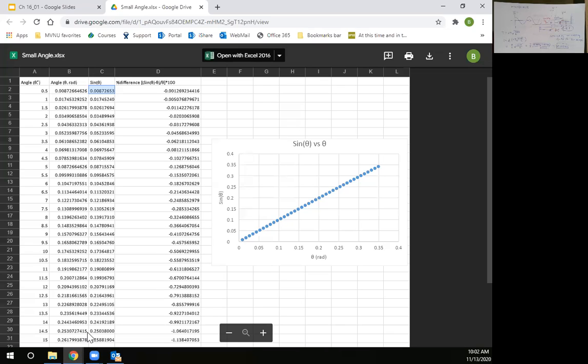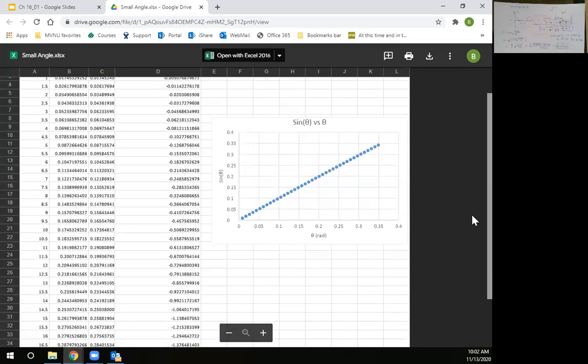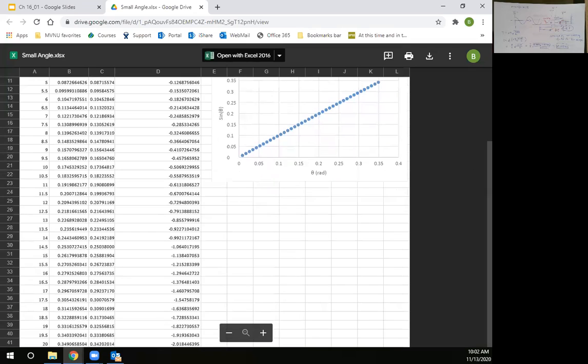Still quite close, but the deviation starts to show up over here. Sine theta versus theta is pretty much linear in the early part, and then kind of curves up. If you go to about 20 degrees, then there is about 1% difference for theta and sine theta.